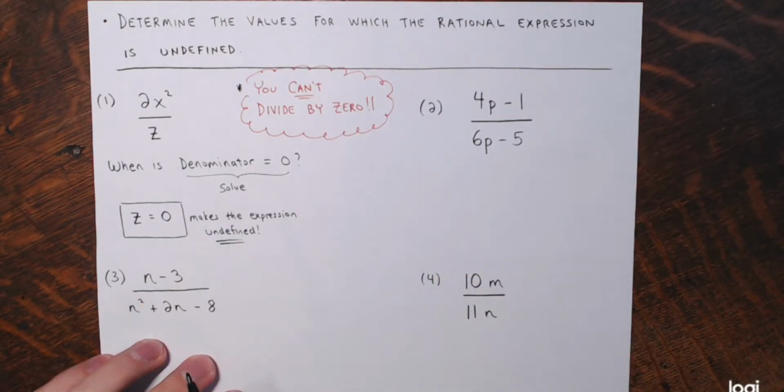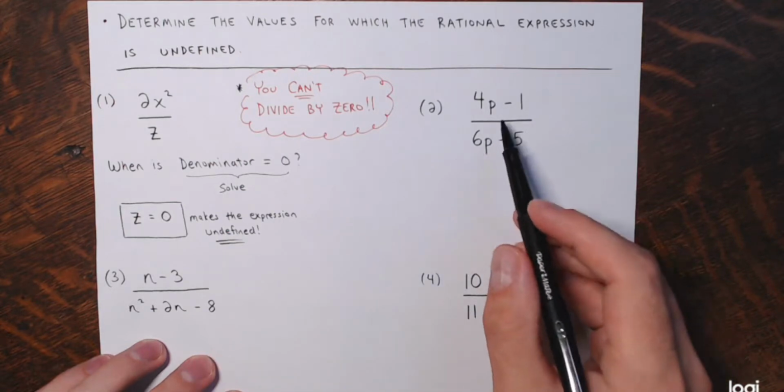Now I am going to be assuming that you know how to solve polynomial equations and factor. Right, I'm not going to go into all the methods for factoring polynomials because I'm assuming you've got that knowledge already at this point.